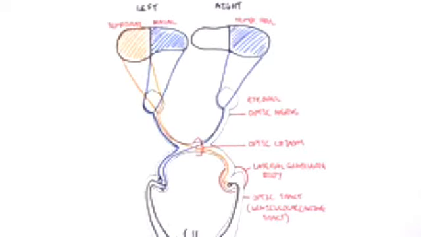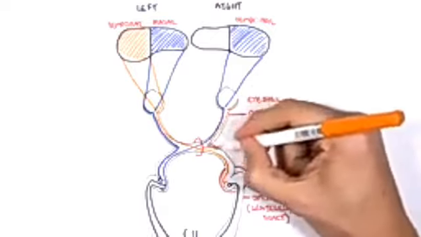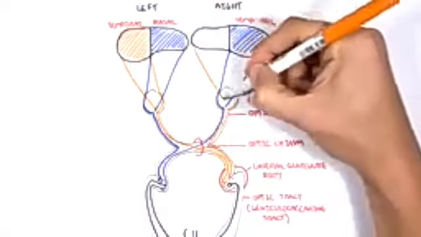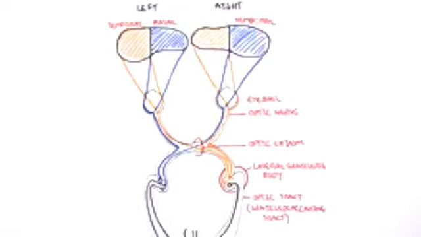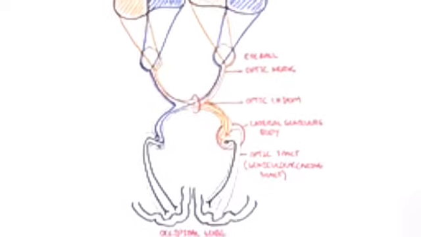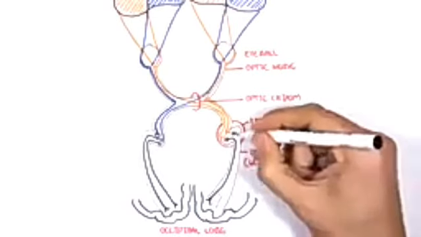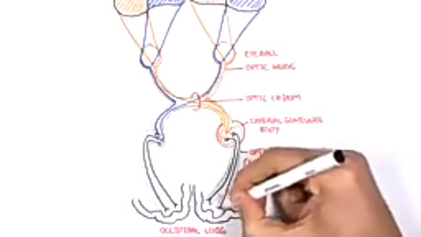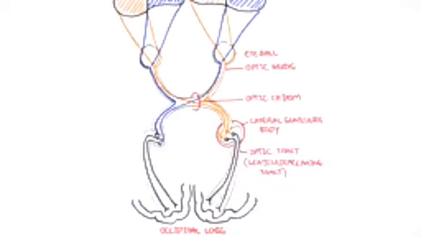Now, similarly, the orange optic nerve of the right eye will capture the image from the right nasal visual field. It will not cross over, but will remain. It will relay this information down to the lateral geniculate body, and then it will synapse with other nerves along the optic tract and then down to the occipital lobe. I hope this pathway makes sense.